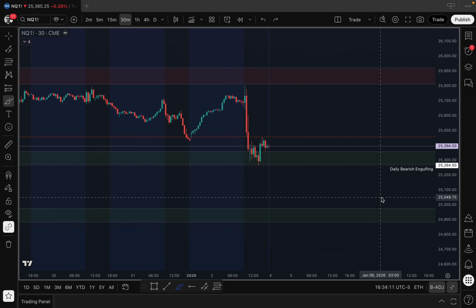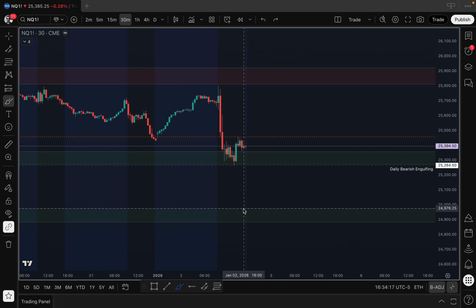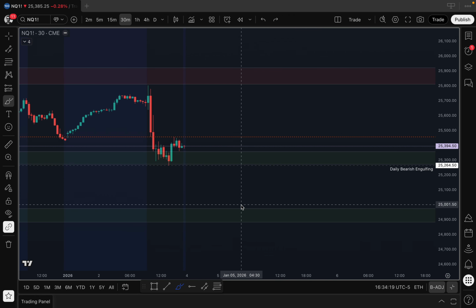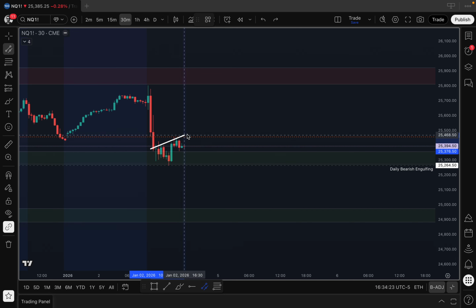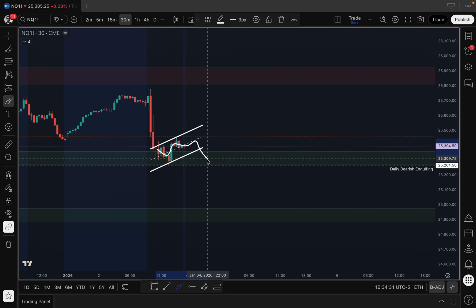Always looking at the probabilities of each thing. If we did break down, it does make sense because you have this daily bearish engulfing. Don't forget about that. But we do not want to take that short until we have confirmation of this area right here. We break out of it, right? We may retest.